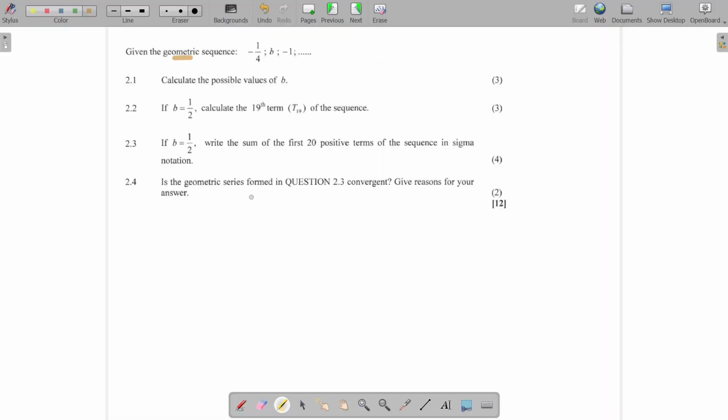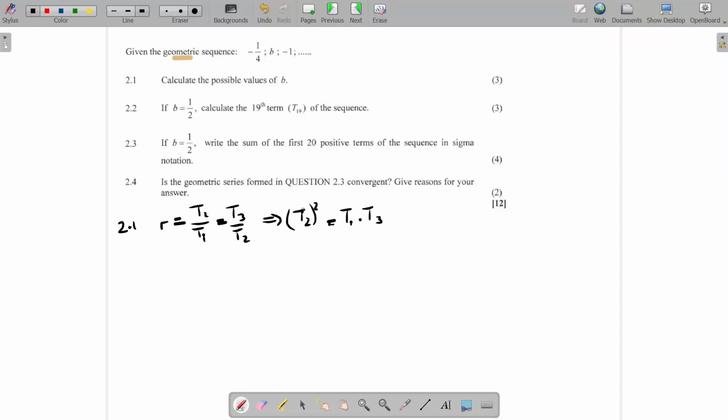Again, read the important stuff here. They tell us that this thing is geometric. So again, we know therefore that for 2.1, the R value is T2 over T1, which is the same as T3 over T2, which is the same as saying that T2 squared equals T1 times T3.